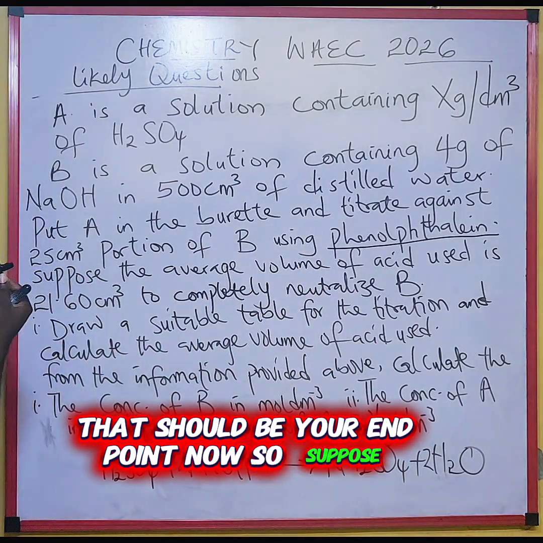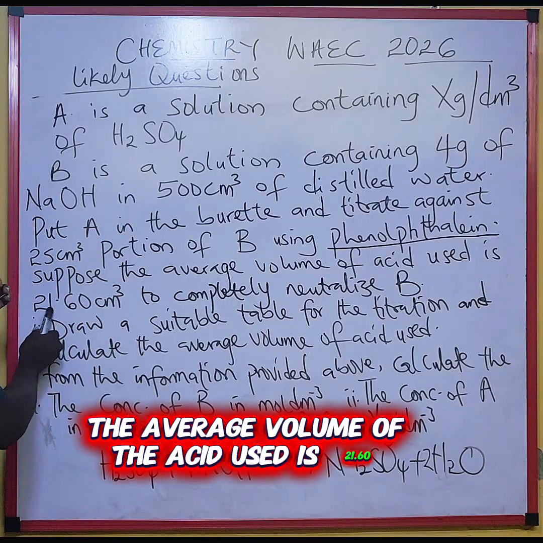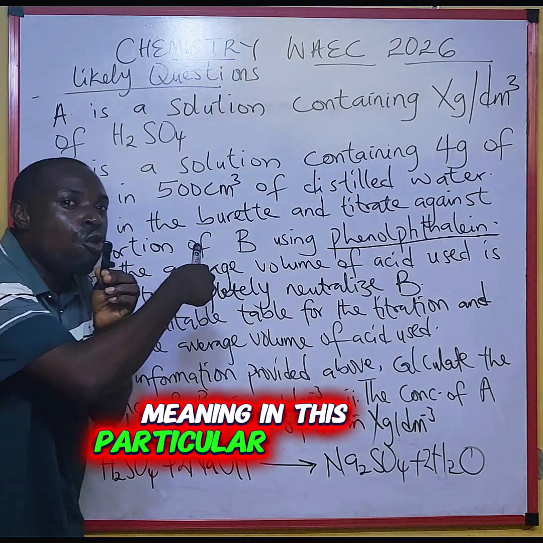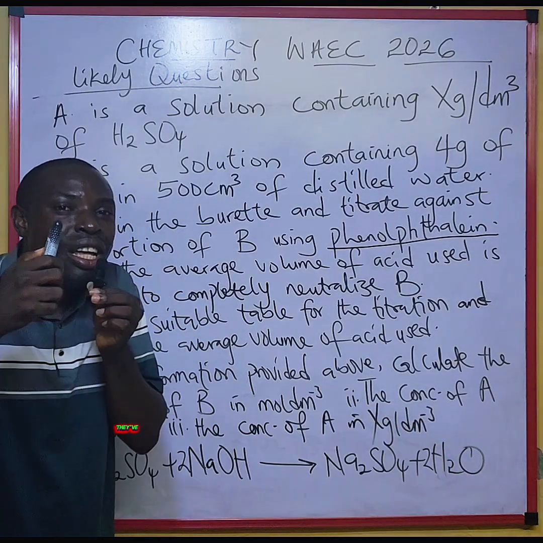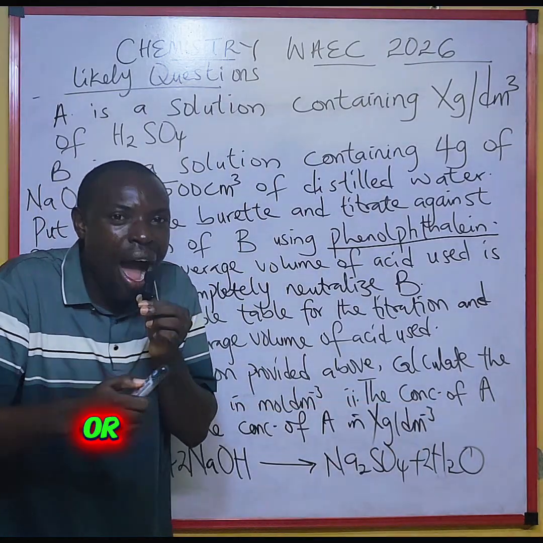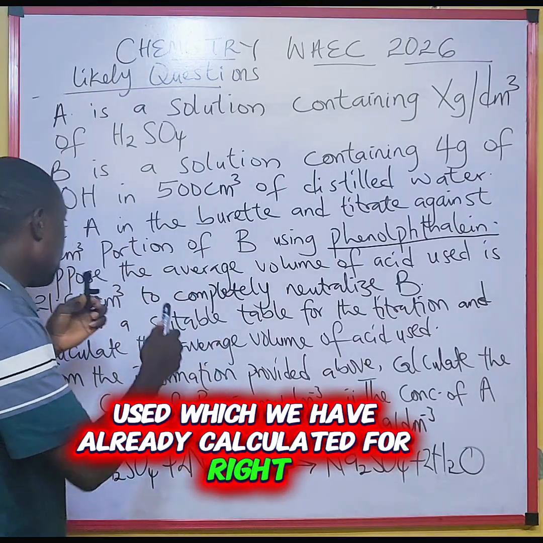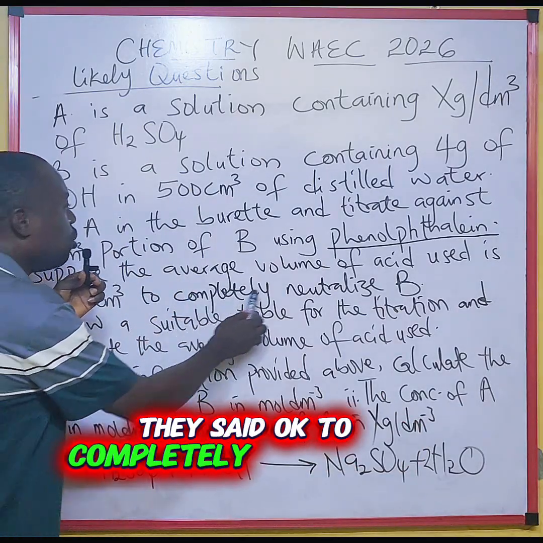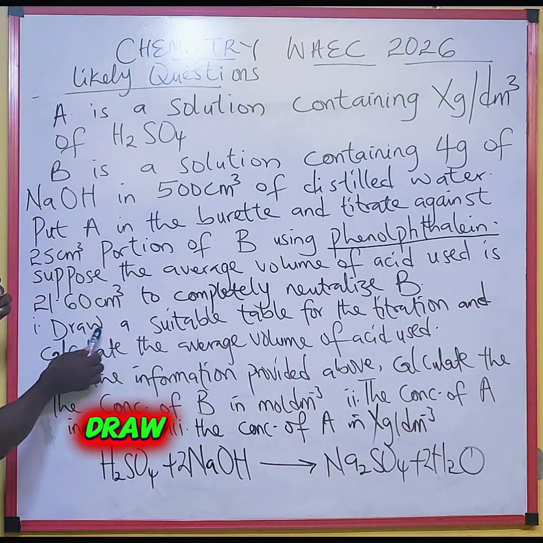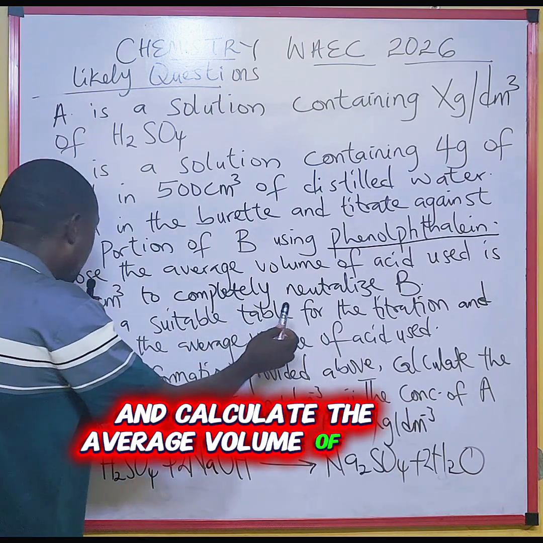Now, let's suppose the average volume of the acid used is 21.60, meaning in this particular question, because it is an alternative, they've already given us our end point or our average volume of acid used, which we have already calculated for. They said, to completely neutralize B, draw a suitable table for the titration and calculate the average volume of acid used.